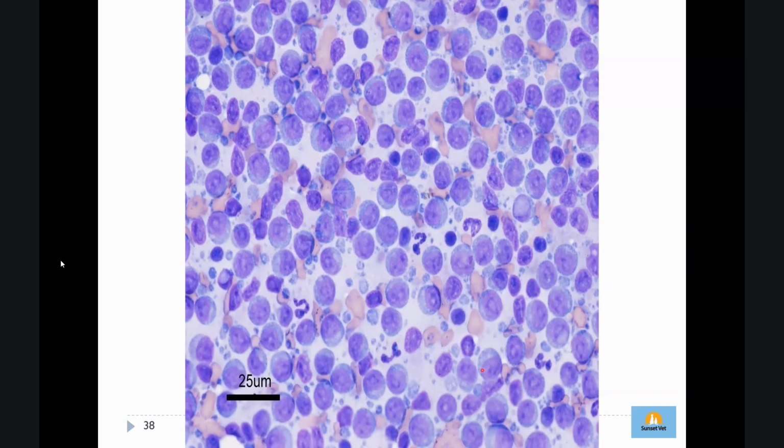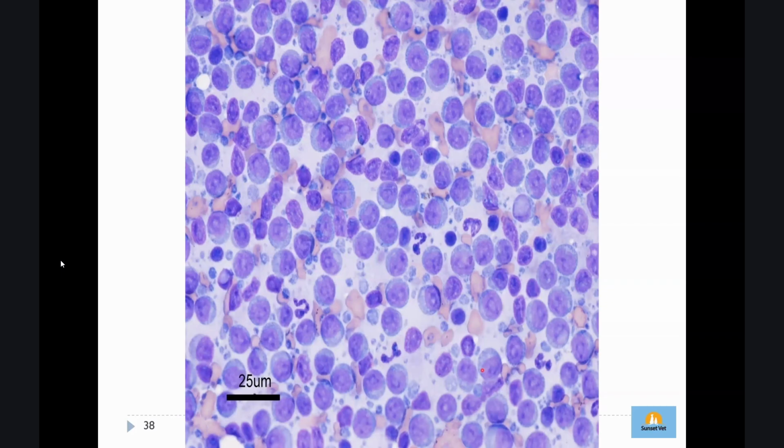Mast cell tumor. Yes, and then histiocytoma, no, they don't have any granules. Mast cell and then melanoma. And how about the vacuole? What cells do you think from the round cells? Lymphoma.